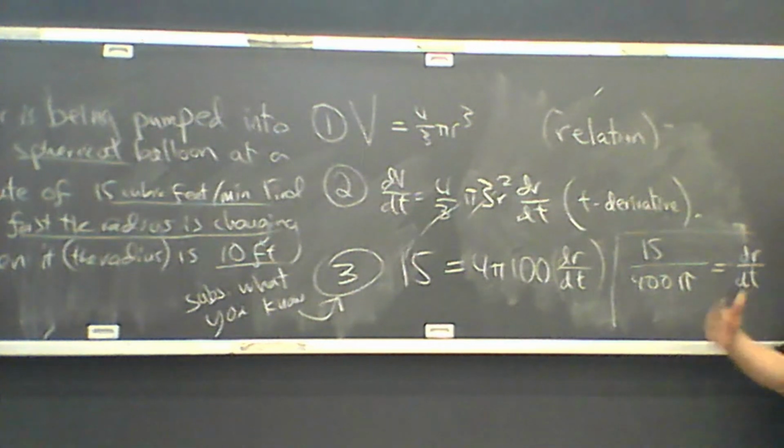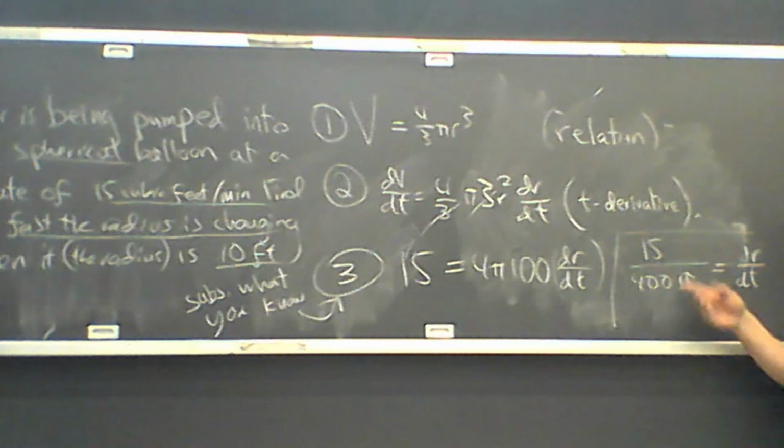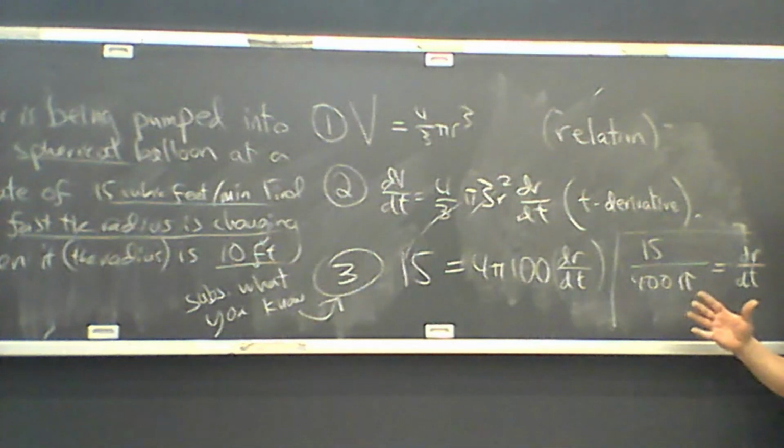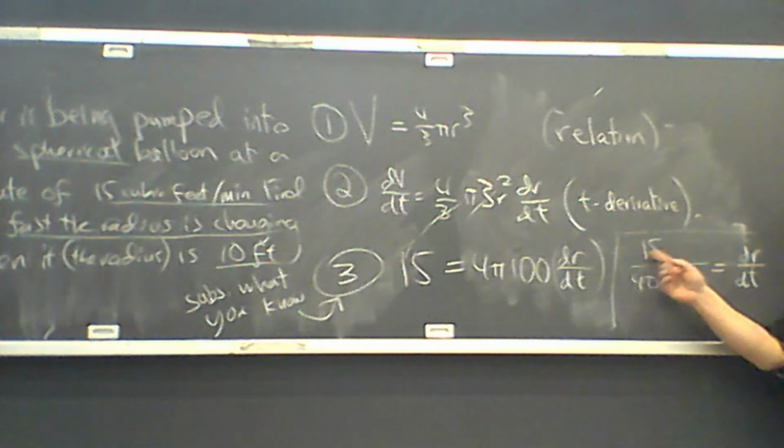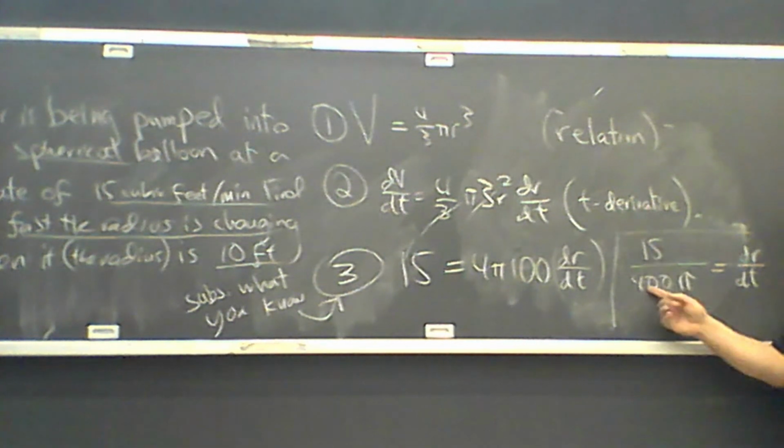Yeah, but even grosser. About 3, right? 3 goes into 15. I'm not looking for a really great approximation here. I'm looking for a rough approximation, a back of the envelope approximation, as they say. So I cancel the pi with the 3 from 15. That gives me 5 over 400.